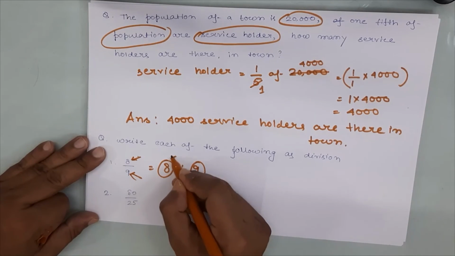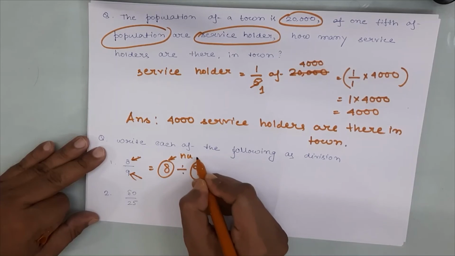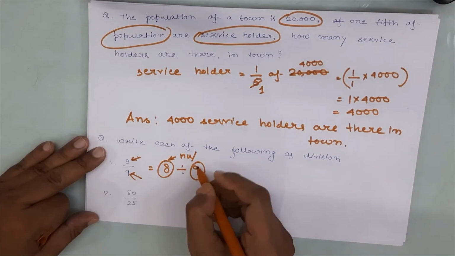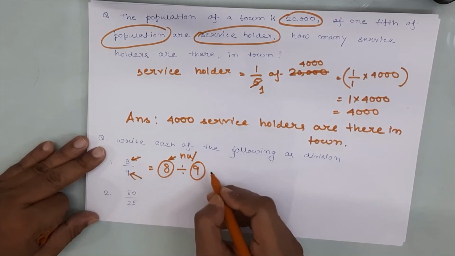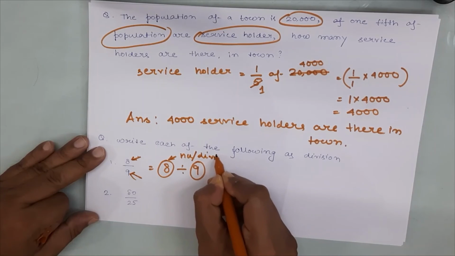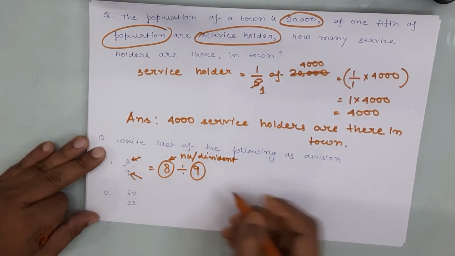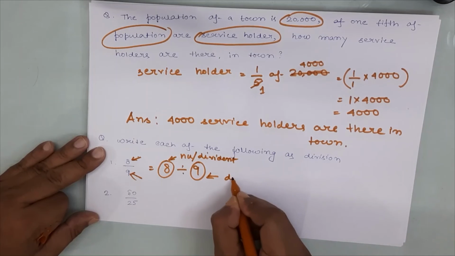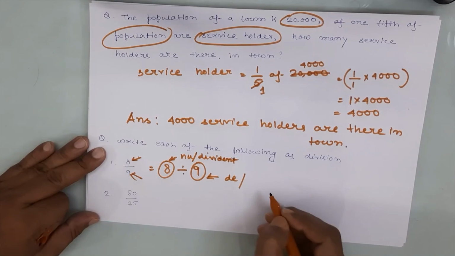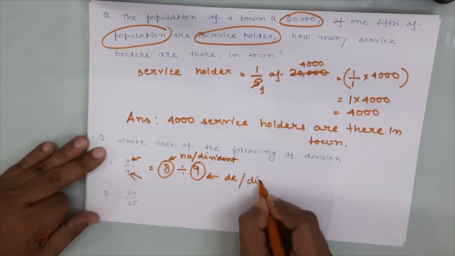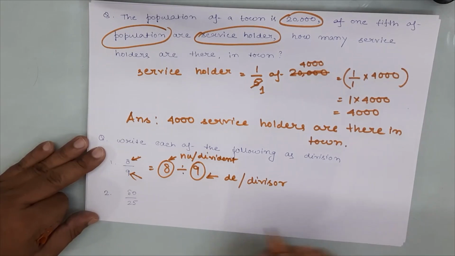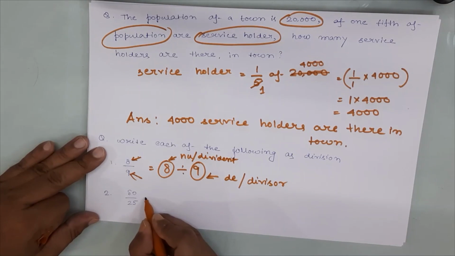So here 8 is your numerator, here 8 is your dividend, and here 9 is your denominator, here 9 is your divisor. The same way, 80 by 25.